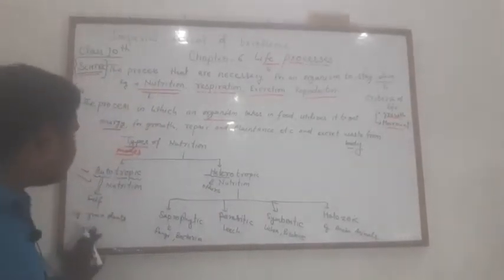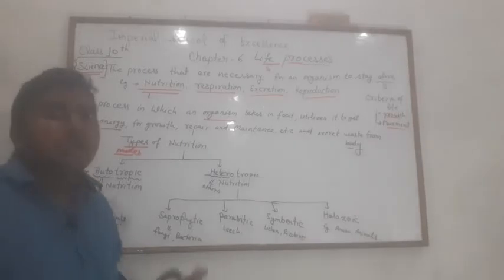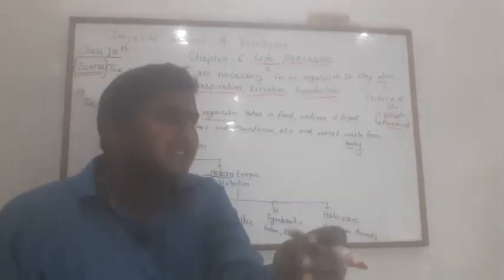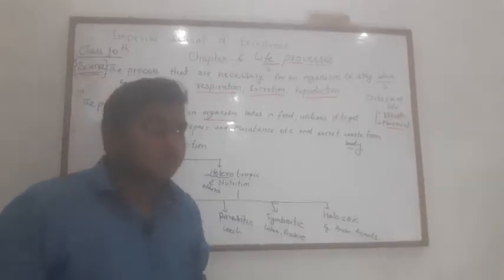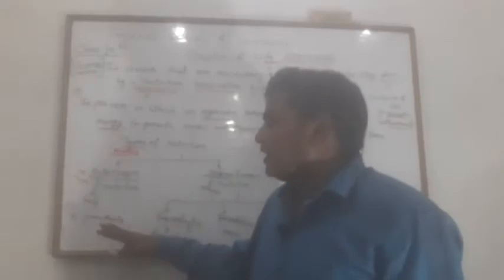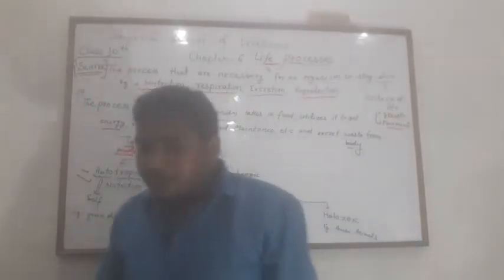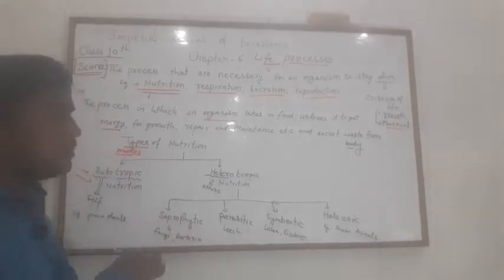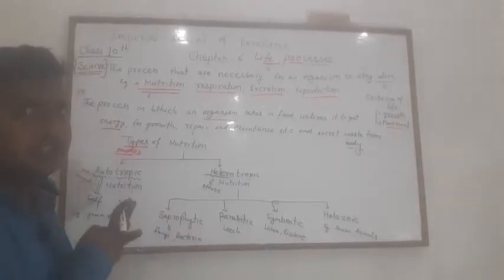And this happens in green plants and some cyanobacteria, you can say blue green algae. The process by which these green plants make their food is known as photosynthesis.